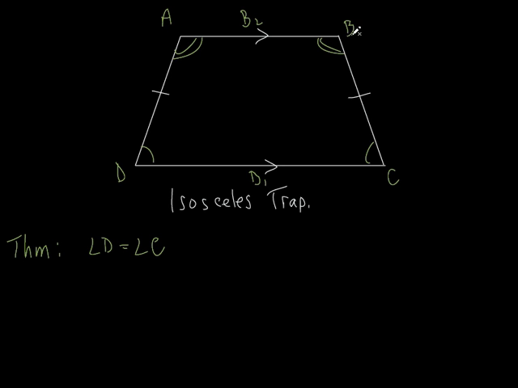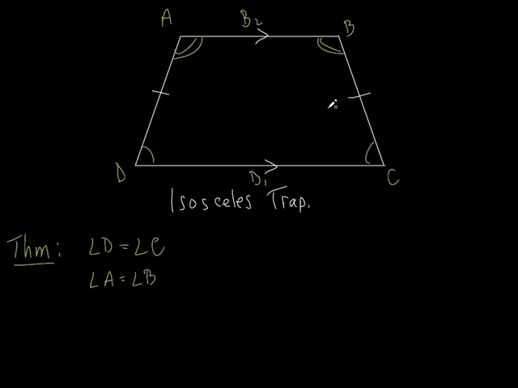But anyway, you get the idea. So these two angles right here would be equal to each other. So angle A equals angle B. That's our first theorem. Our first theorem says that the base angles are equal to each other. You got it? So these two angles that are formed from this bottom base are equal, and these two angles that are formed for this top base, they're equal to each other.